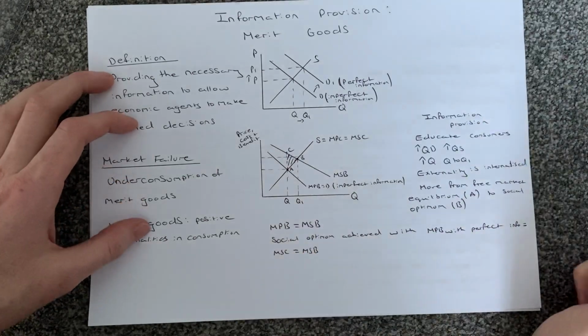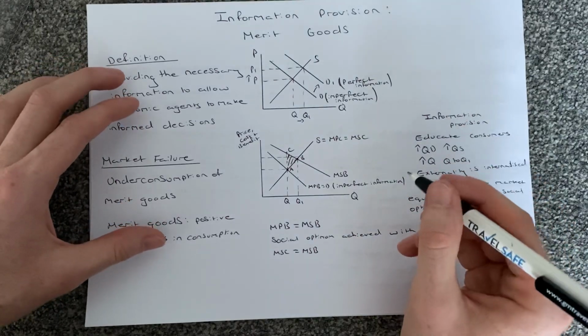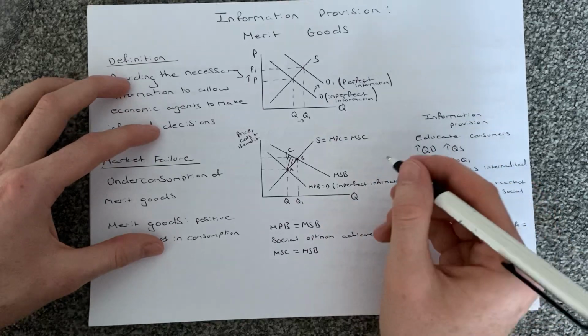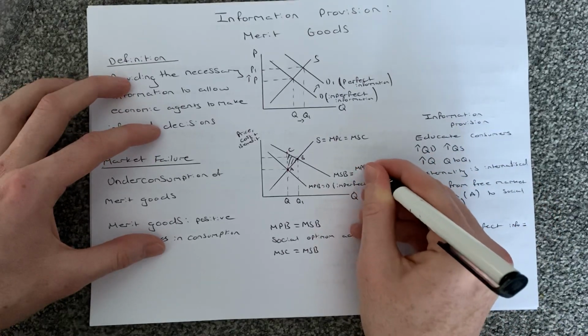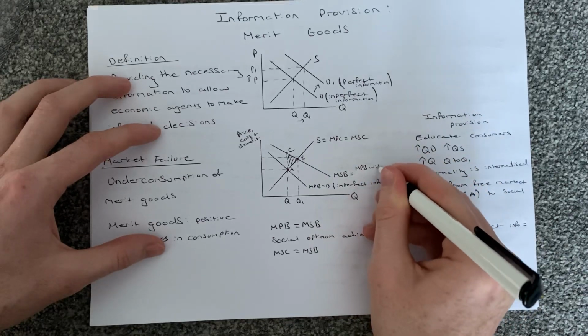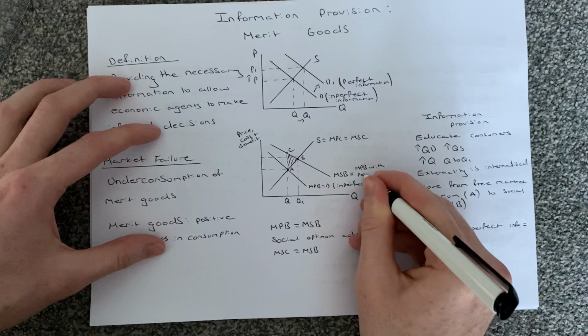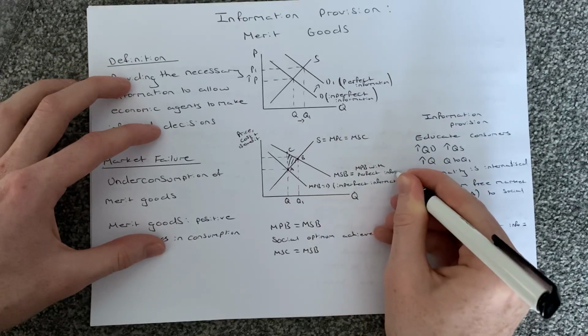And obviously we can now add that onto our diagram to represent what we have just talked about. So we've got marginal social benefit is equal to the marginal private benefit with perfect information.